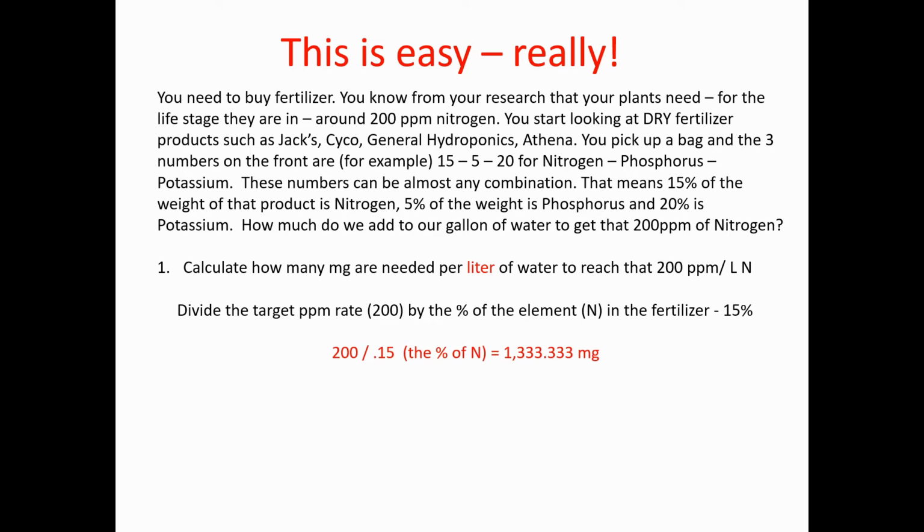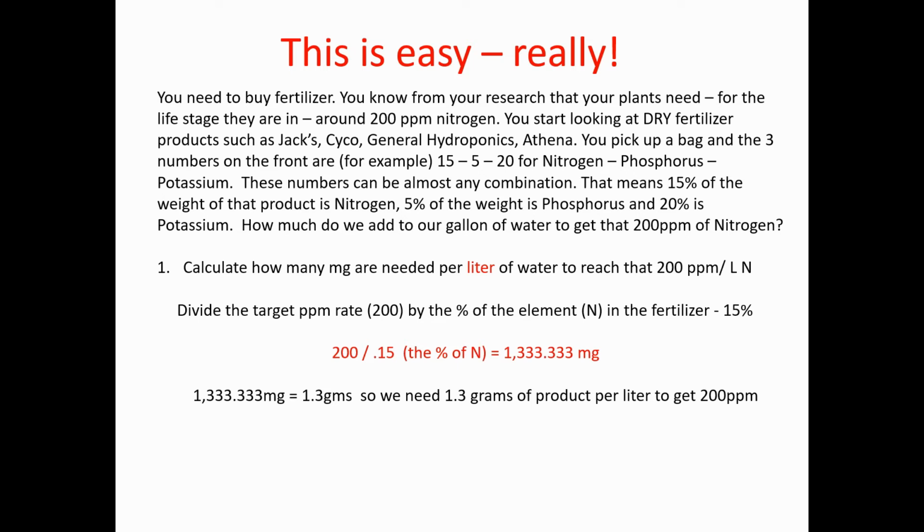And the result of that gives us 1,333.33 milligrams. That means that we're going to add 1,333.33 milligrams to 1 liter of water, and that's going to give us 200 parts per million of nitrogen in that liter of water.